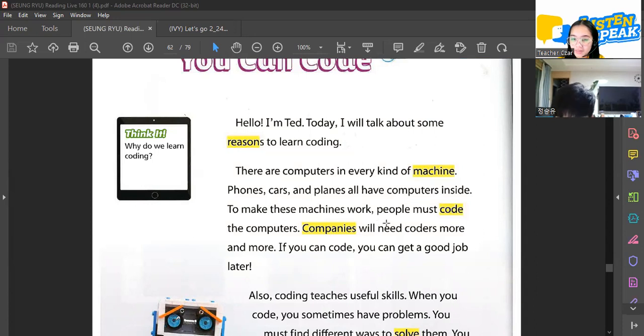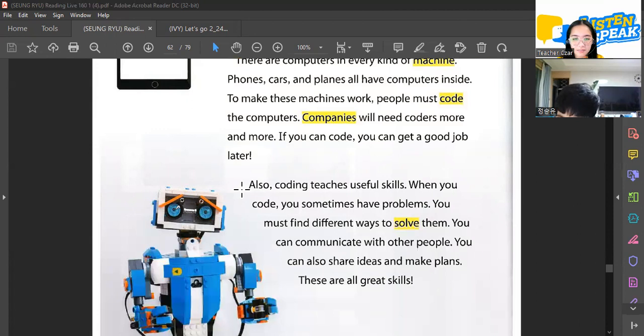So that's why companies nowadays need coders. So coders are those people who know how to code. Okay, that's why if you know anything about coding, you can get a good job later or in the near future, something like that. Because coders are in demand. Okay, how about this one?